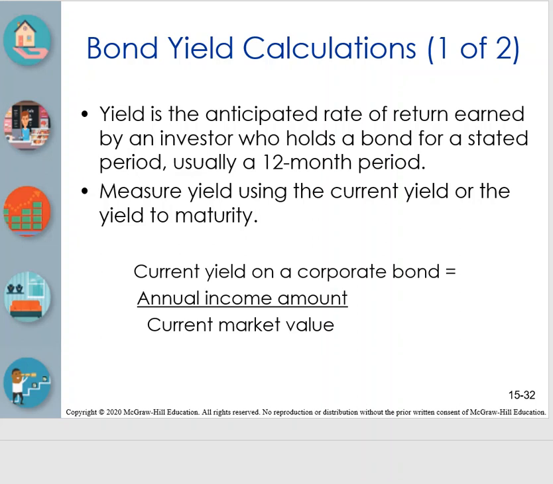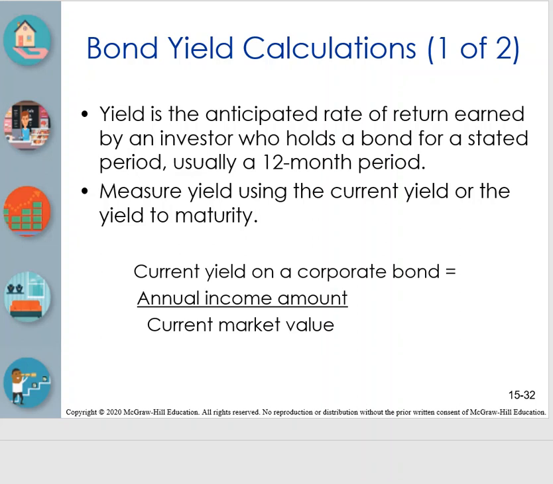Let's say you purchased a bond from Boeing that has a face value of $1,000 and pays 2.85% interest. However, because of fluctuations in the economy, the current price of the bond that you bought for $1,000 is now $970. So for the current yield, you look at the annual income amount in the numerator.